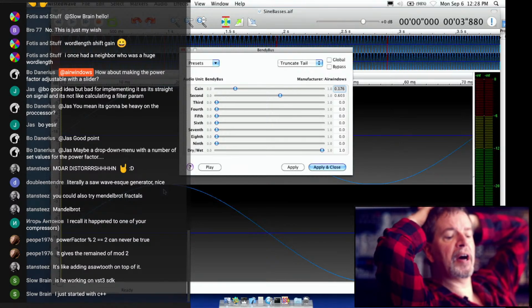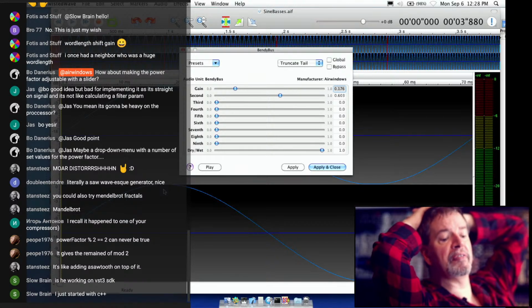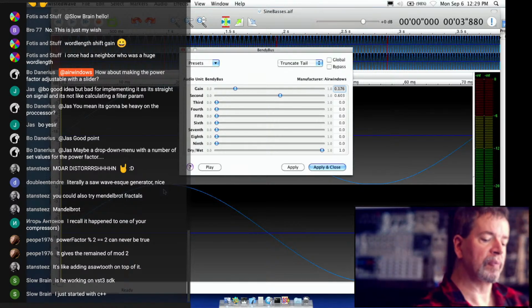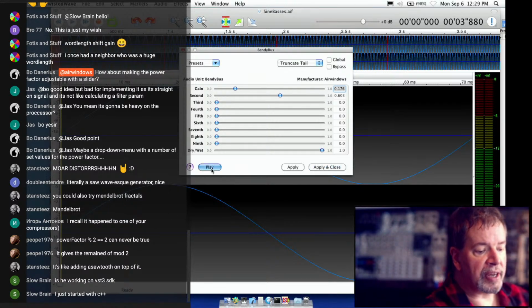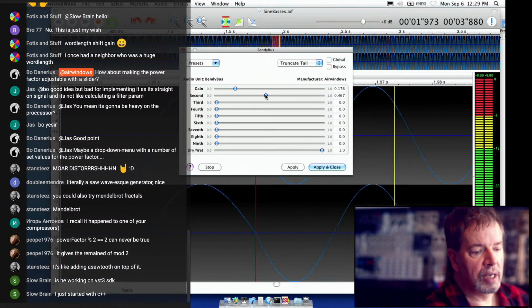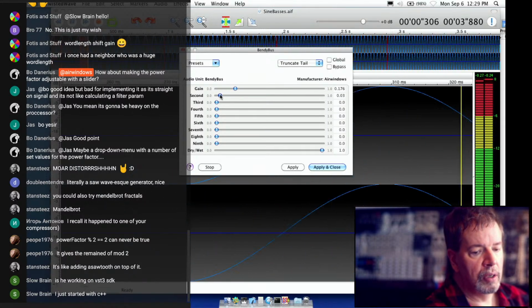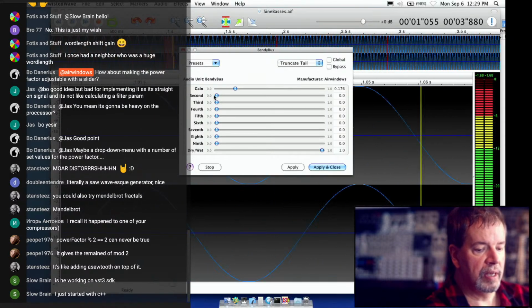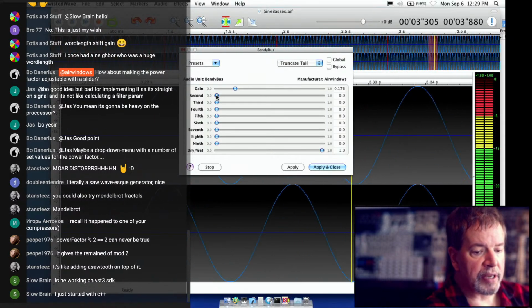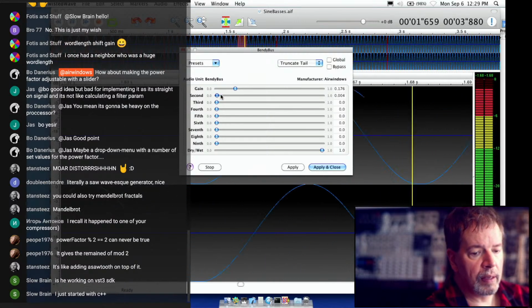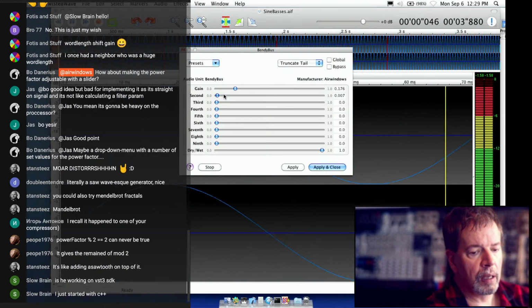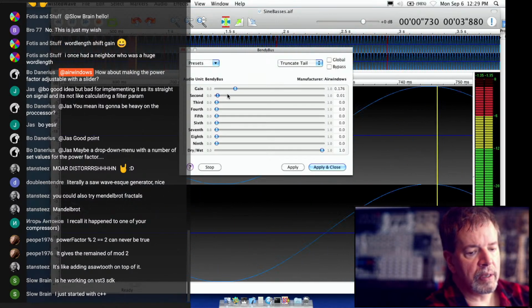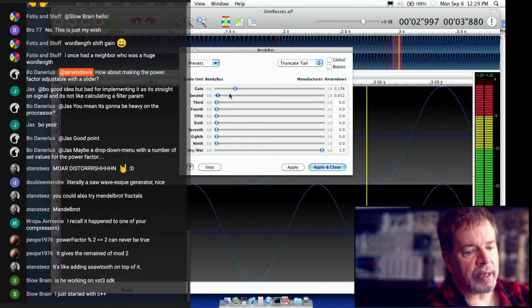So this flat spot on the top, if you turned it up enough, it would end up being its own little sine wave. And that's essentially what we're doing. So when we have this, there's going to be a place where it gets louder and louder.